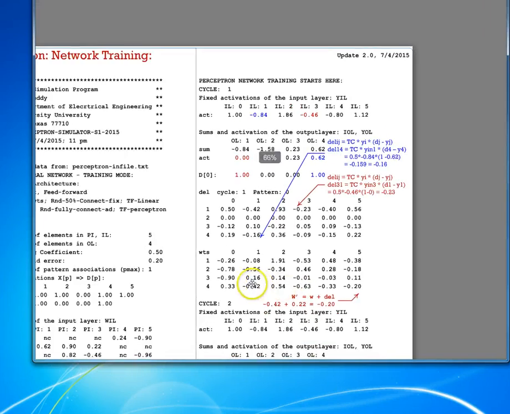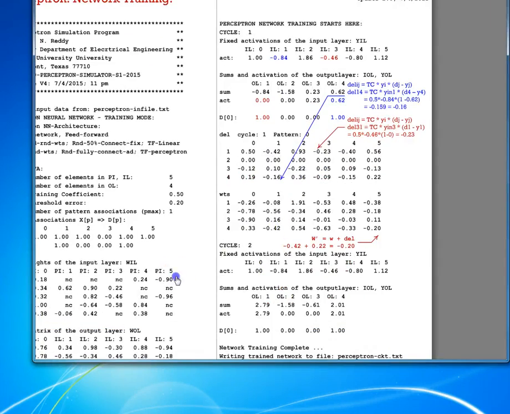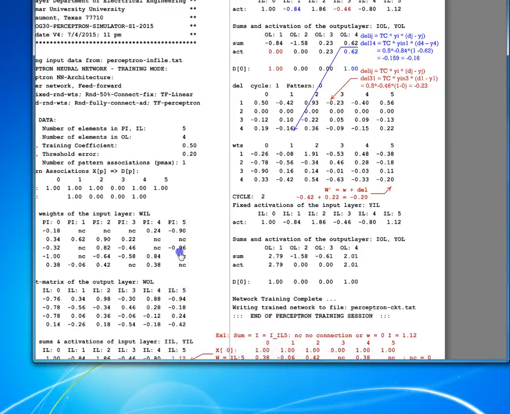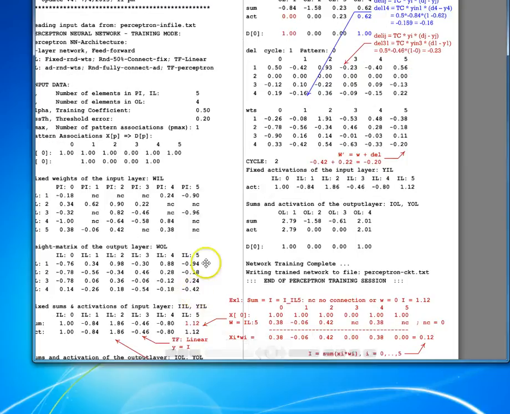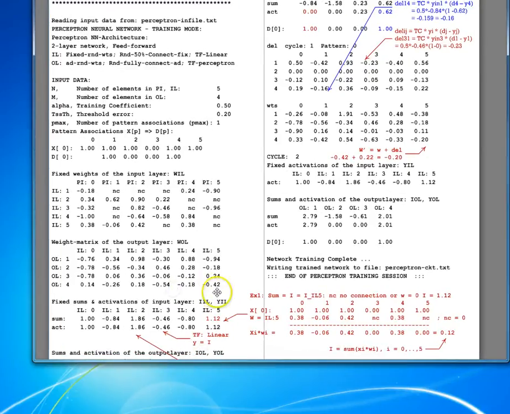So what it means is, if you look at the old weight matrix, for example, if we take this 5 to 5, the old element is 0.42, and then you add the weight change, which happens to be 0.22, and add them together, the new weight is 0.20.